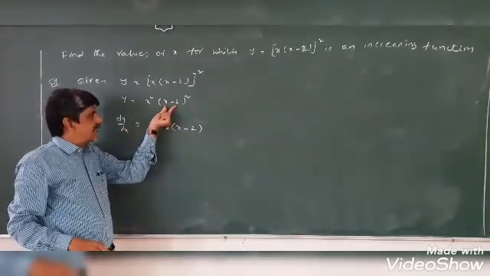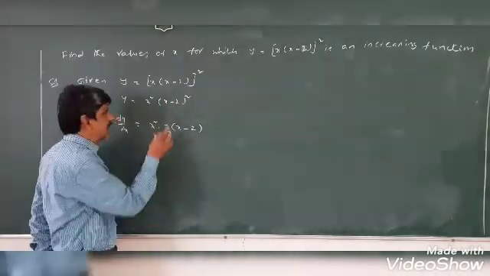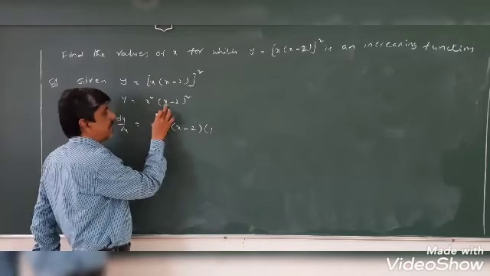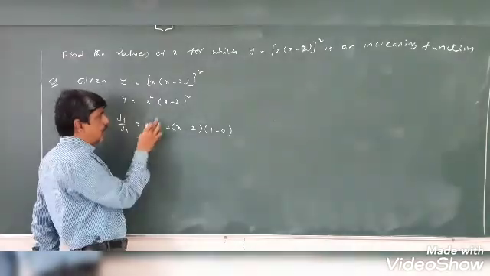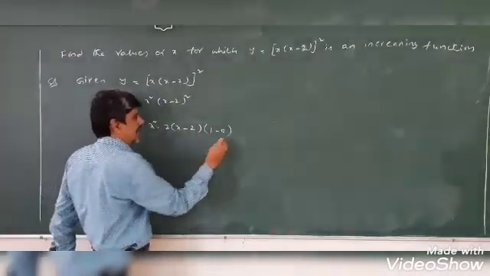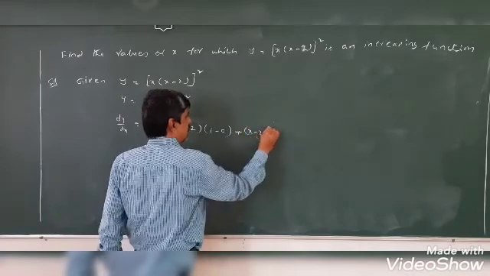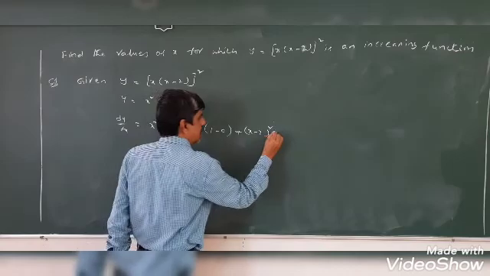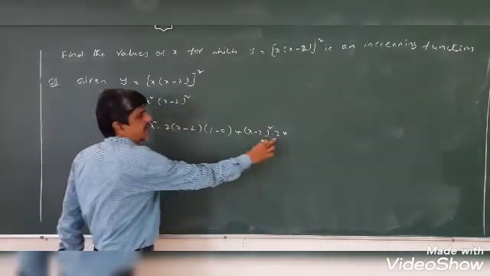Here in the place of x, x is not there. Then dy by dx of (x minus 2) is dy by dx of x, which is 1, minus dy by dx of a constant, which is 0. So u into derivative of v completed, plus v, means (x minus 2) whole square into dy by dx of x square. dy by dx of x square is 2x, here in the place of x is x only.